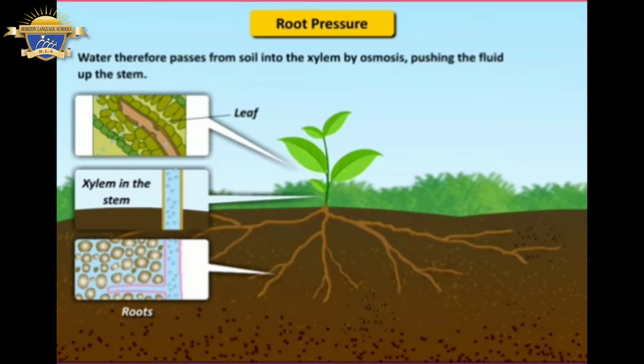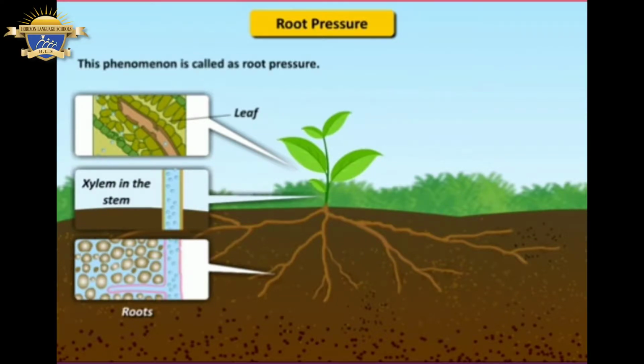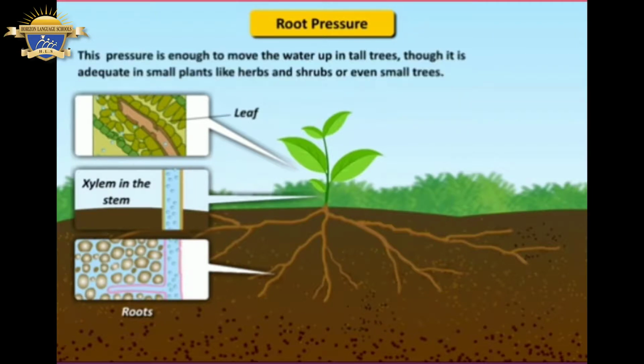Water therefore passes from soil into the xylem by osmosis, pushing the fluid up the stem. This phenomenon is called root pressure. This pressure is adequate in small plants like herbs and shrubs or even small trees, though not enough to move water up in tall trees.